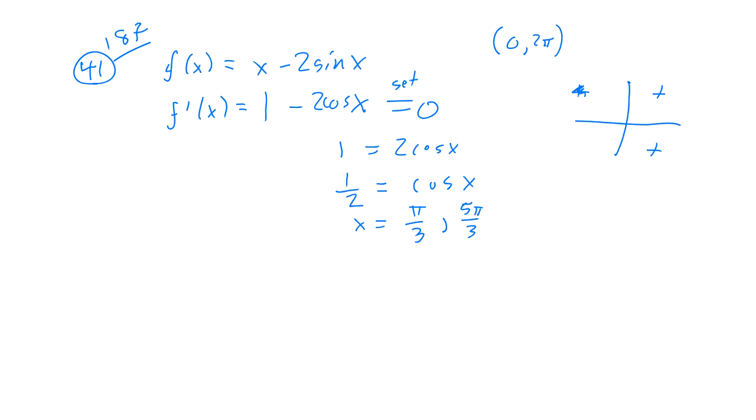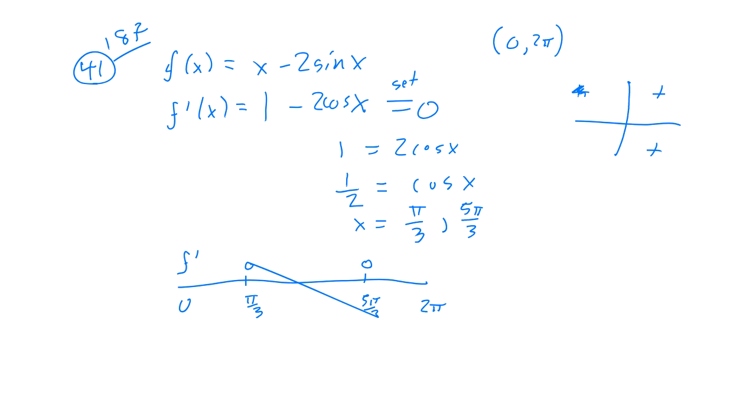And then this next part is going to look a lot like Chris's question. I'll draw my number line, only going from 0 to 2 pi. And this is for f prime. I'll mark pi over 3 and 5 pi over 3. The first derivative is 0 at each of those points.